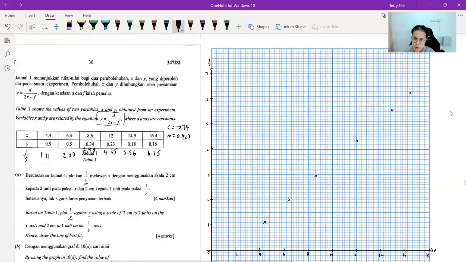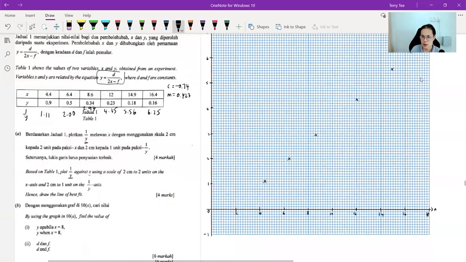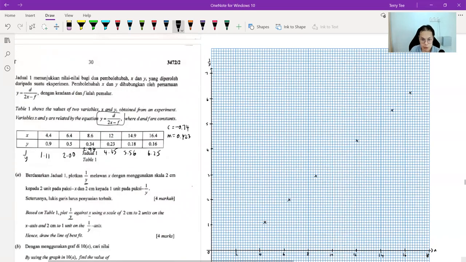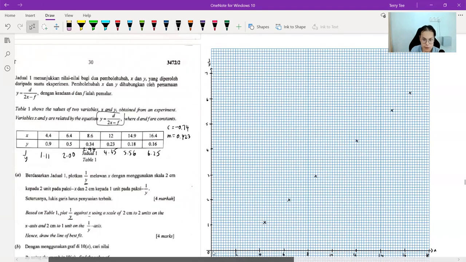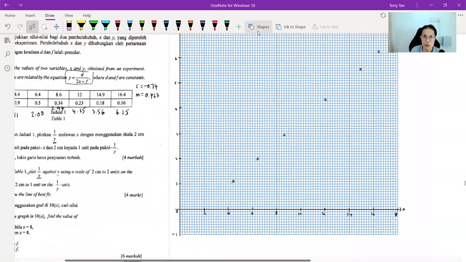All right, now we're going to draw a line of best fit here. I know my y-intercept is going to be -0.7 or -0.8, around there. So let's draw a line of best fit. Start from this point here, go all the way. May have to adjust it.